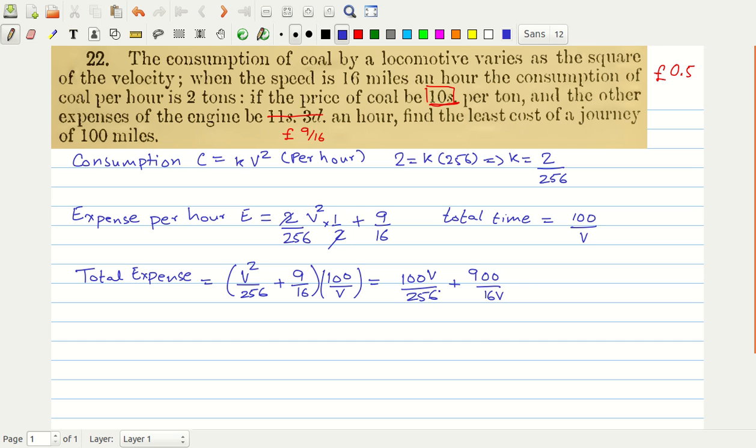So what it means is, this expression we can write as 10 square root v by 16, square, which is this expression 100 v by 256, plus 30 by 4 root v, square, which is this expression over here. 900 is 30 square, and 4 root v square is 16 v.